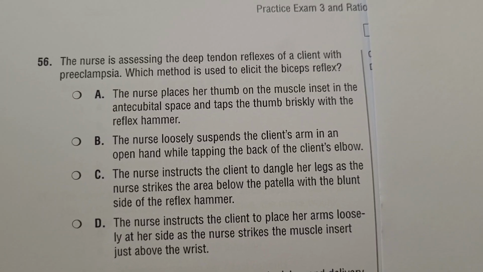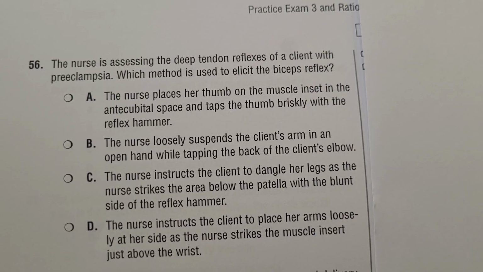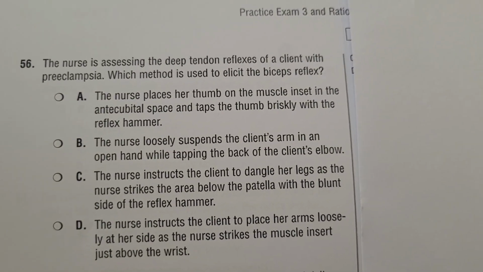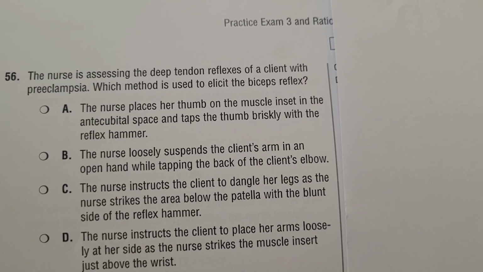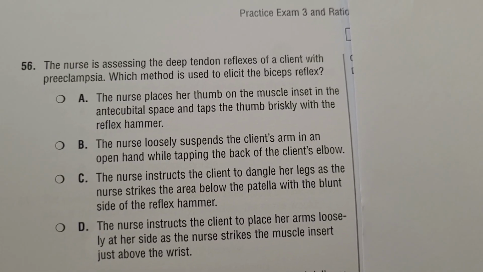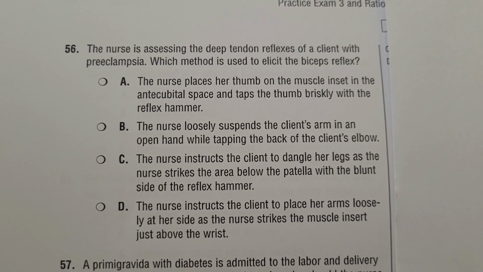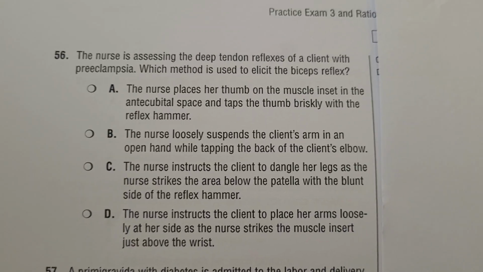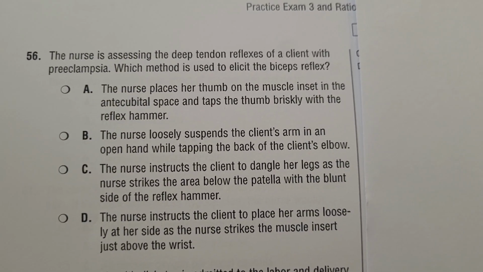Number A, the nurse places her thumb on the muscle insertion in the antecubital space and taps the thumb briskly with the reflex hammer. Yes, this is our correct option, as the test is performed by using a tendon hammer to quickly depress the biceps brachii tendon as it passes through the cubital fossa. So A is our right answer to elicit the biceps reflex.